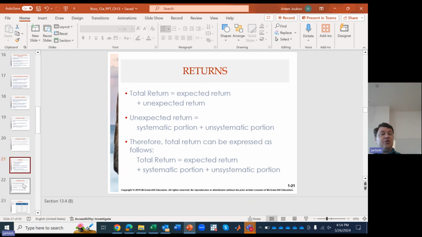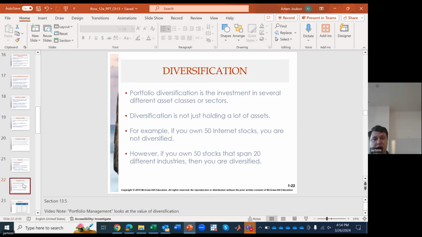All right. So let's talk about returns. Well, you've got the expected returns and the unexpected returns. And the unexpected returns can have the systematic portion and the unsystematic portion. Okay. So the way you can really express it is the total return is the expected return plus the systematic portion plus the unsystematic portion. Okay. Because again, those portions can be positive or negative.